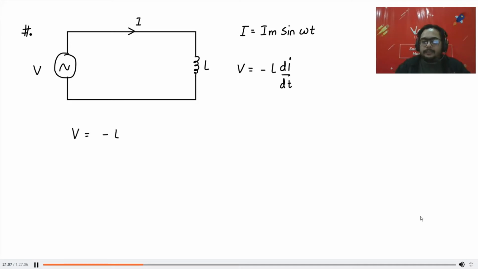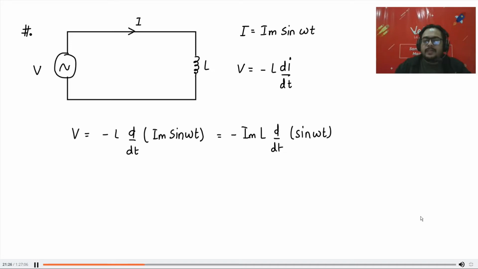Am I correct? You can simply say voltage will be minus L d by dt of current, which is Im sine omega t. Im is constant, it can come out. It will be minus Im into L into d by dt of sine omega t. Now, can you differentiate sine omega t?